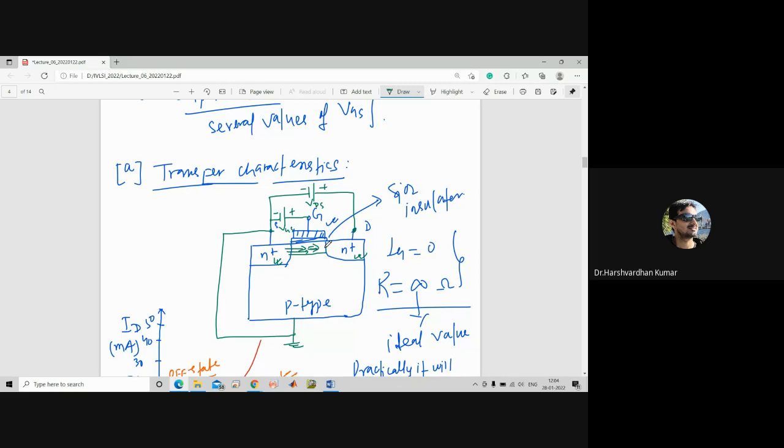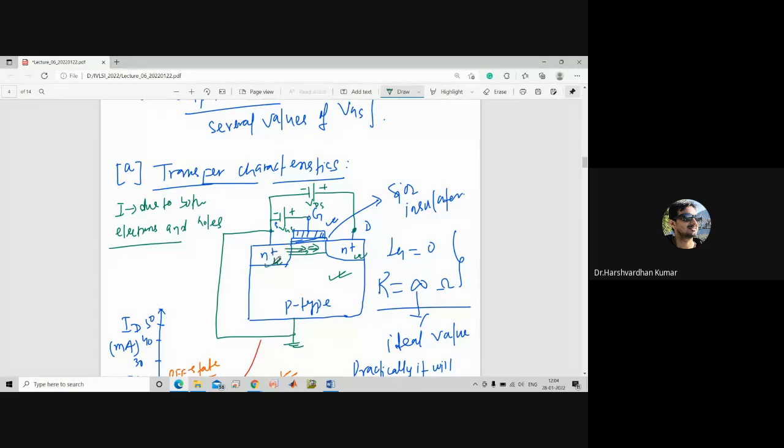Listen, whenever we talk about the device, in a general device the current is due to both electrons and holes. But in our device, that is in MOS transistors, the current is only due to electrons. Why only electrons?